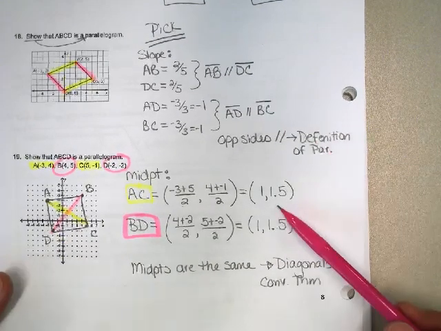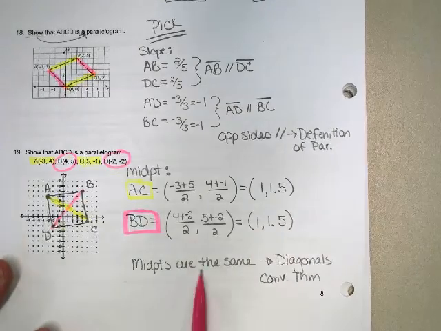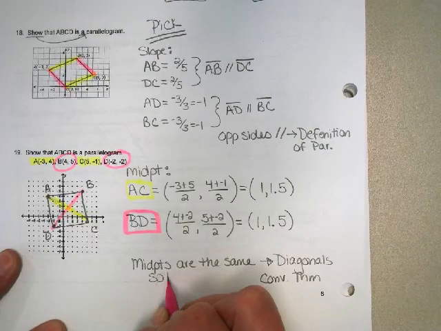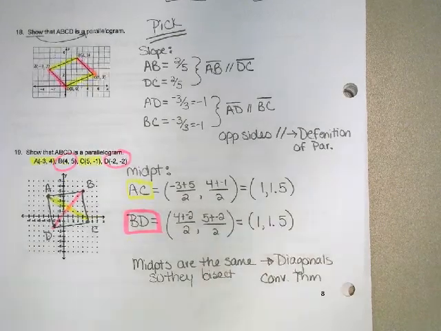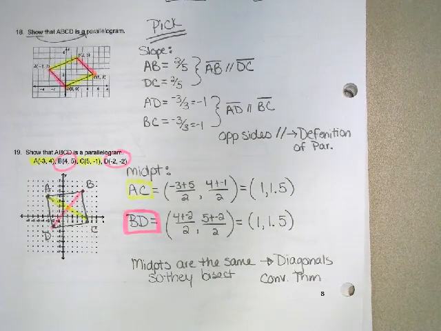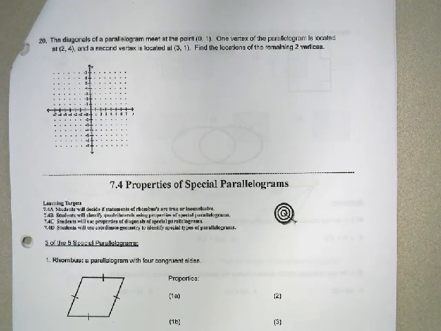So I need to see your work, and then I need to see some type of a little bit of a conclusion. Like, what does this tell me? What does it mean? Maybe I even should say something about bisect. The midpoints are the same, so they bisect. You know what I mean? Or something like that, okay?